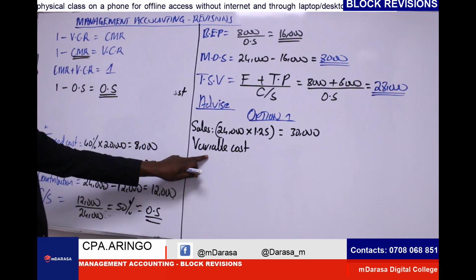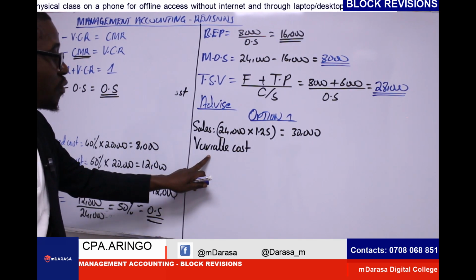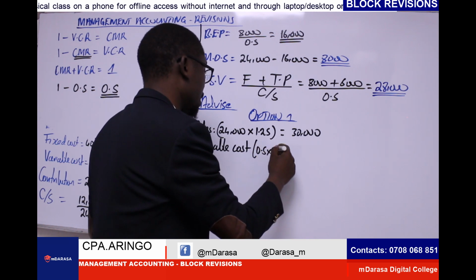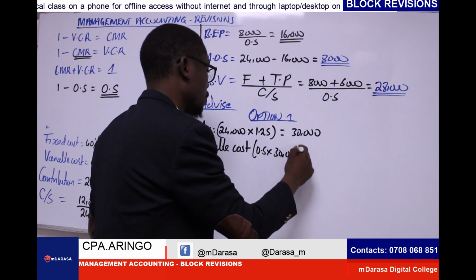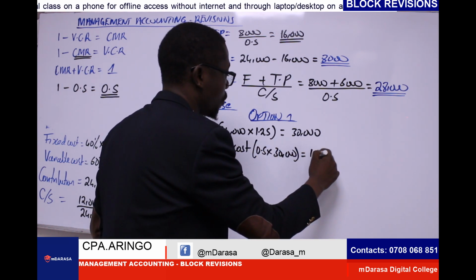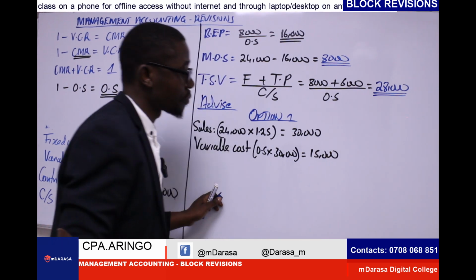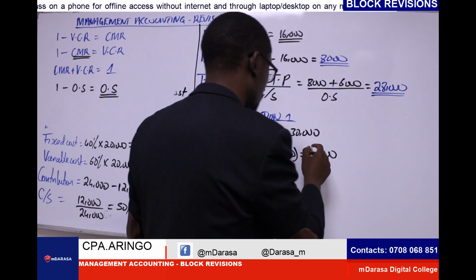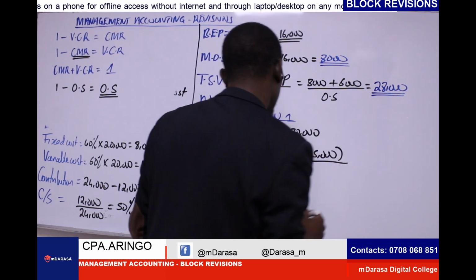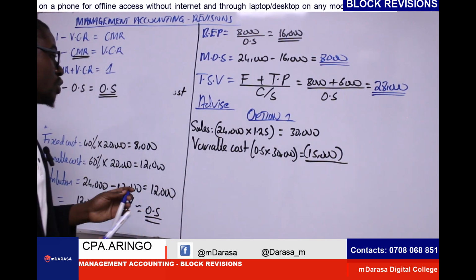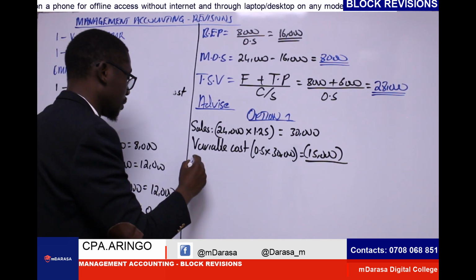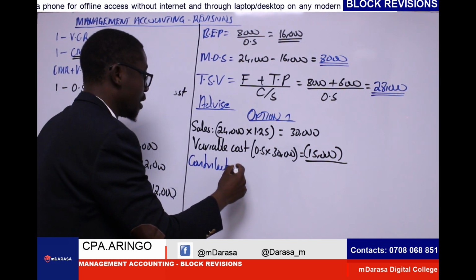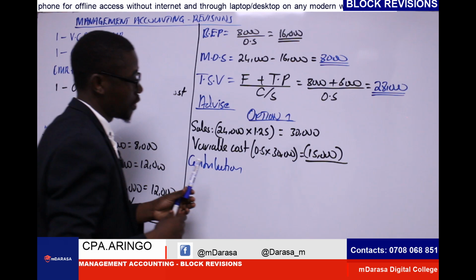So in our case here, when we are required to determine our variable cost, I'll just be having 0.5 times our sales, which was 30,000. So at this point, I'll be having 15,000. That's our variable cost. So by this fact, we can agree that our contribution at this point will be having a value of 15,000.